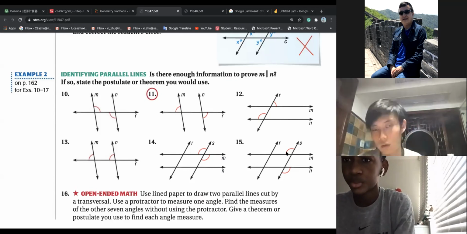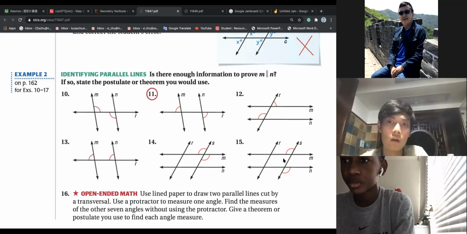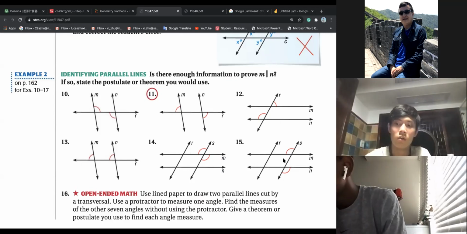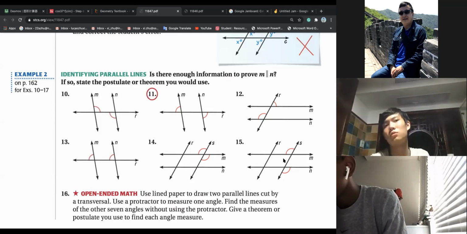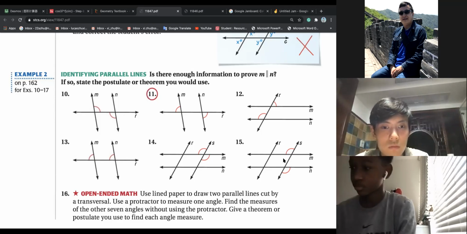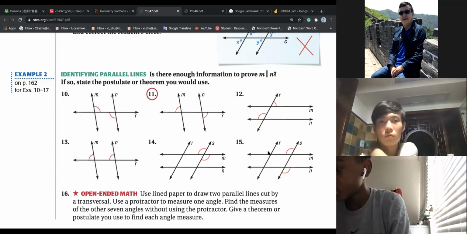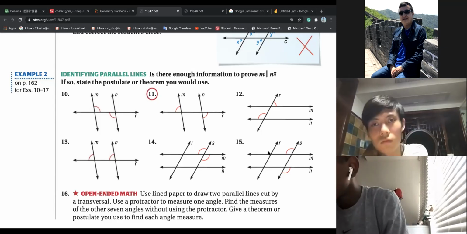How about this one? Oh, they're exterior.